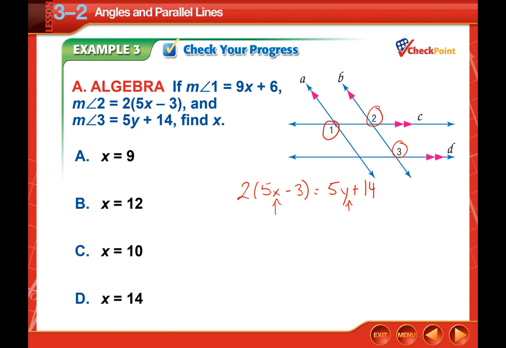Okay, so I know that these are alternate exterior angles. What is true about alternate exterior angles? Well, I'm going to take a look at my cheat sheet here. Alternate exterior angles.